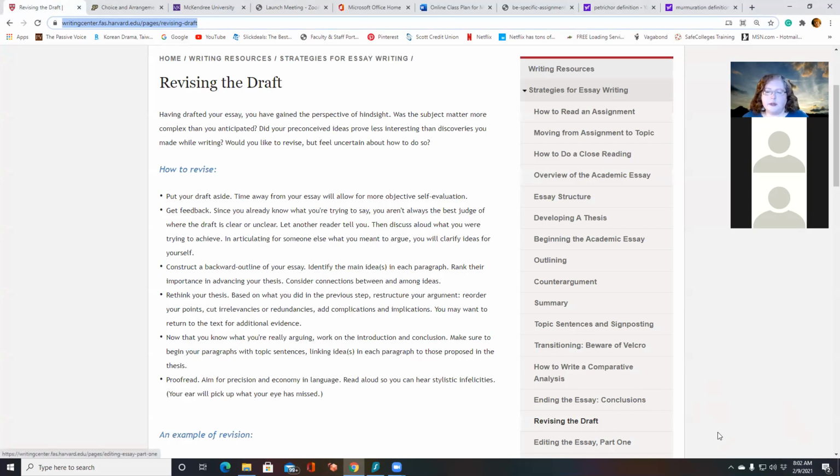So yesterday we started talking about revising as it's going to apply to the assignment you're working on for Thursday. So here's a little bit of a cheat sheet on how to revise. We talked about yesterday the three things that you can add in order to add necessary content.